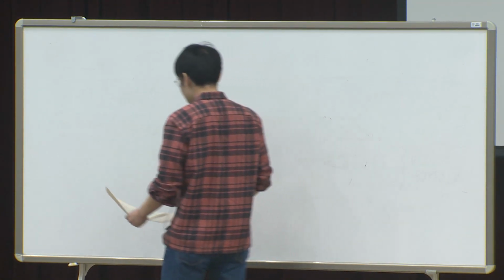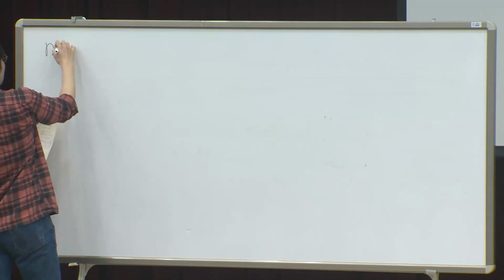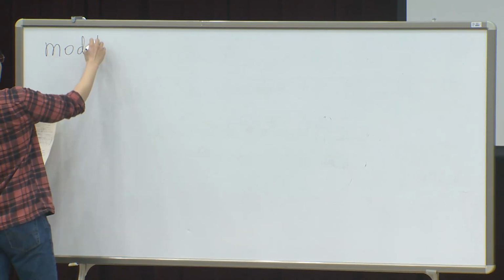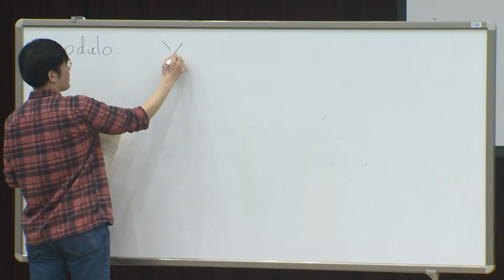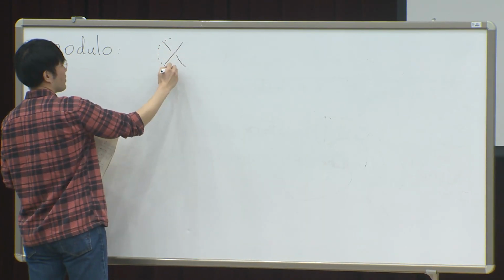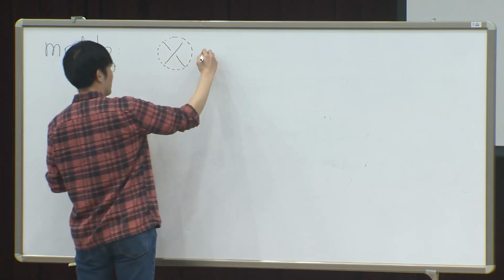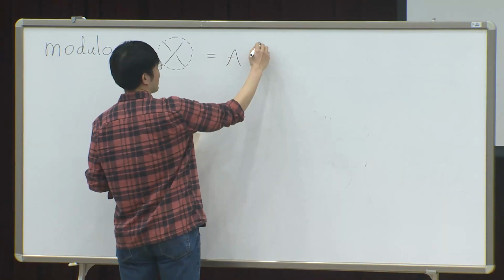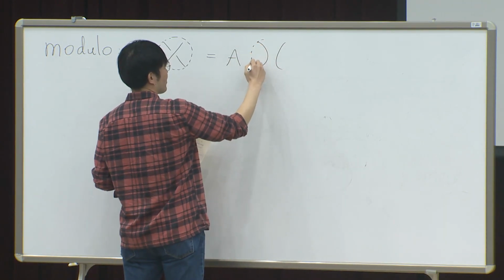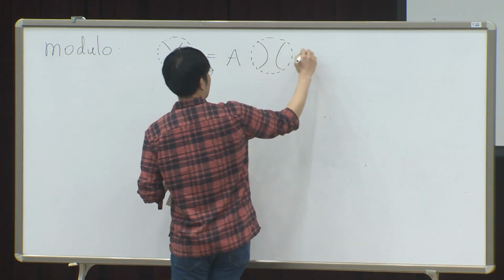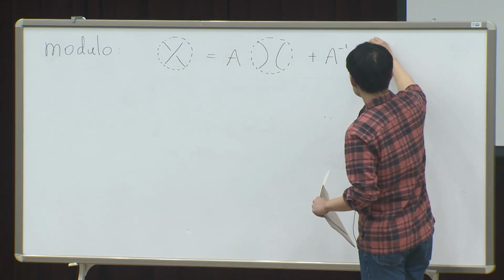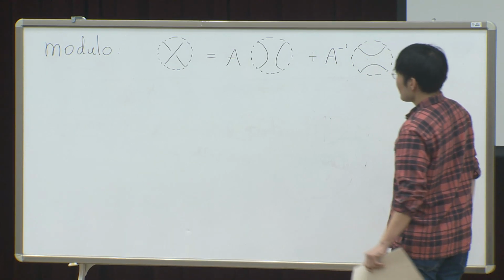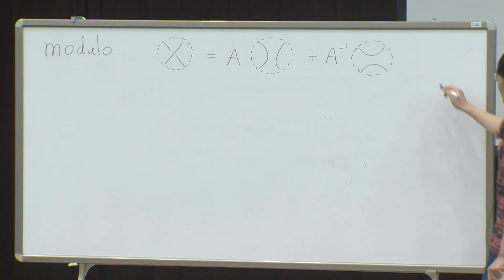Modulo, here's a relation: if you have this kind of picture, it equals A times this plus A inverse times that. That's called a skein relation.